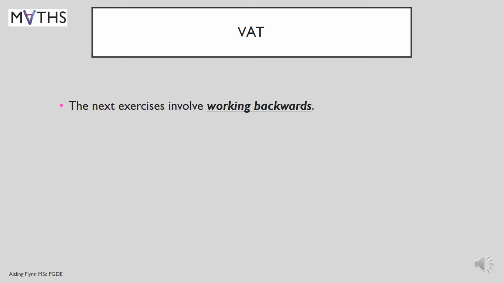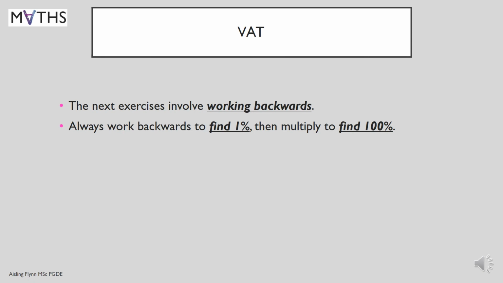Now, the next exercises involve working backwards. So in these ones, you're given the final price, that is including VAT. VAT has already been added, and we have to work backwards to find the original price or original cost. We always work backwards to find 1% and then multiply to find 100%.